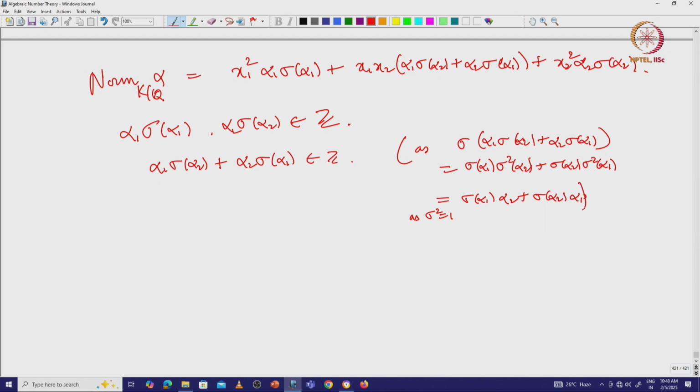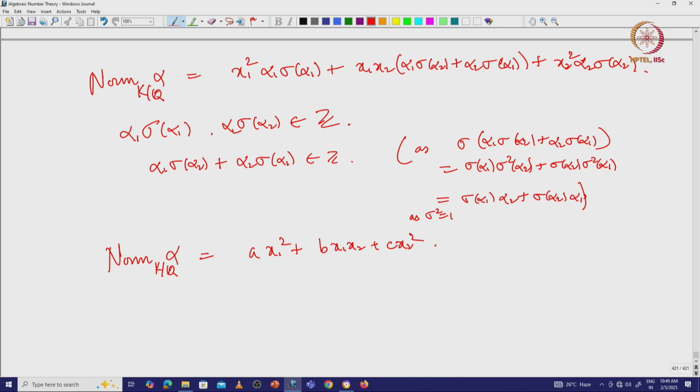So, sigma fixes this element, which means it has to be in the field of rational numbers, but it is also an algebraic integer. So, it has to be an integer, right. Okay, so the norm of alpha from K to Q is some a x1 squared plus b x1 x2 plus c x2 squared.